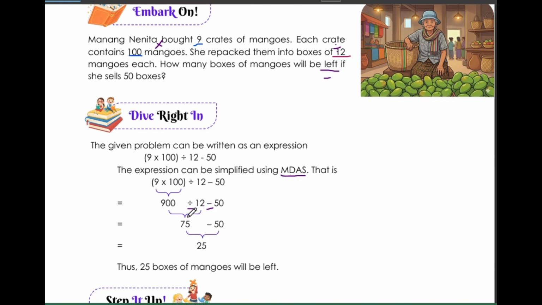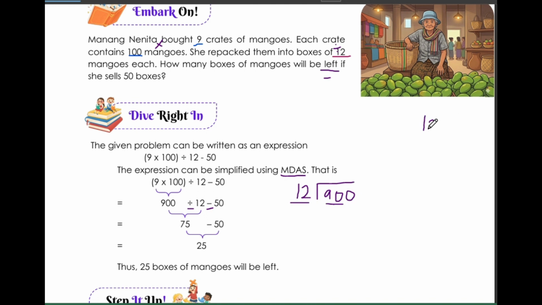So it says here it's 75, but for us to further understand, we're going to use long division. So I have here 900 divided by 12. So how many 12s can you make in 90?